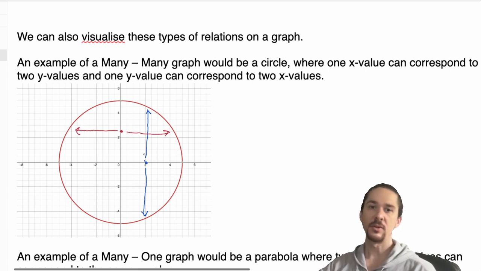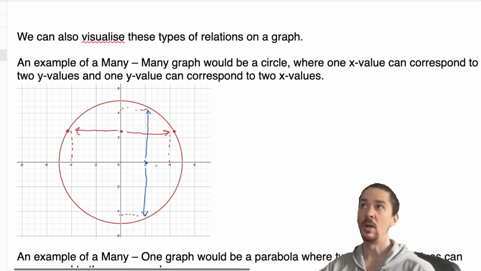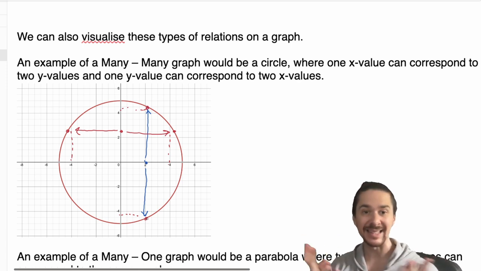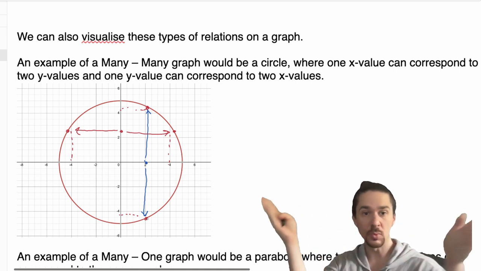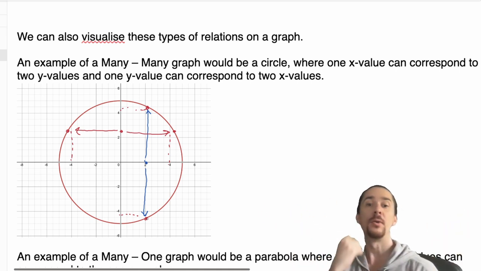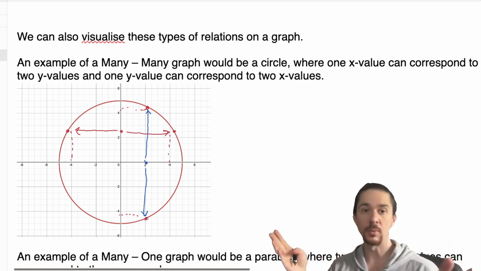For this x value here, we can take a y value up here, or we could take a y value down here. For this y value here, we could take an x value over here, or we could take an x value over here. So one y value could give us two different points on the circle. One x value could give us two different points on the circle. This is many to many because one x value can give us more than one point on the curve, and one y value can give us more than one point on the curve.